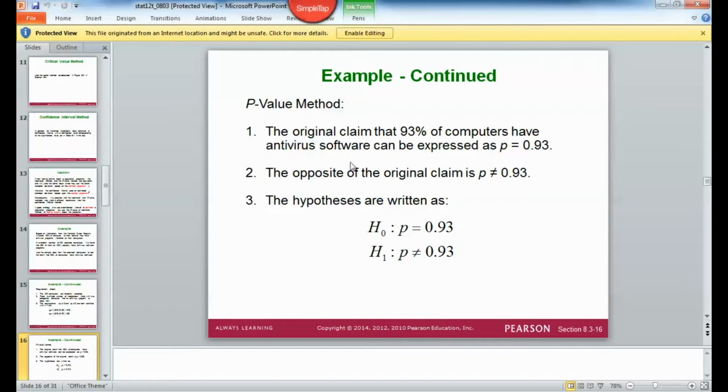After that, you need to figure out the original claim, so then you can write down the opposite of the original claim. We already said that the population proportion, which is our original claim, was 0.93. So p equals 0.93 will be the original claim. The opposite of that is not equal to. So we have equal to and not equal to.